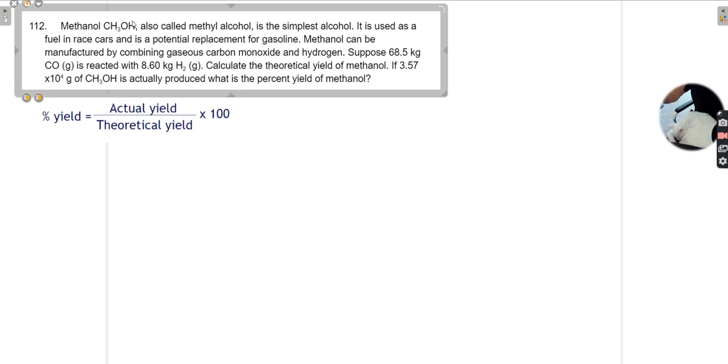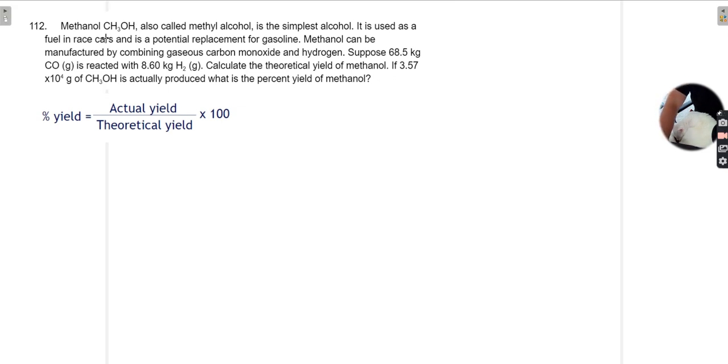I apologize. All right. So methanol is also called methyl alcohol. It is the simplest alcohol. It is used in fuel race cars and is a potential replacement for gasoline. Actually, this thing is crazy. If you didn't know, methanol can produce invisible flames.